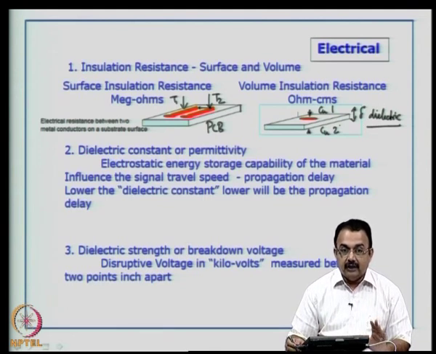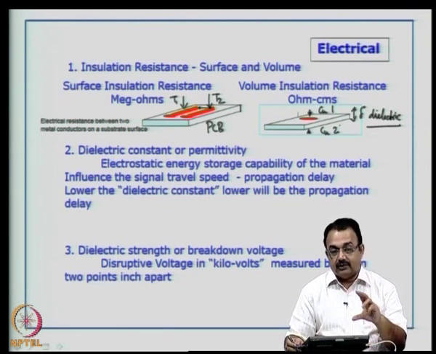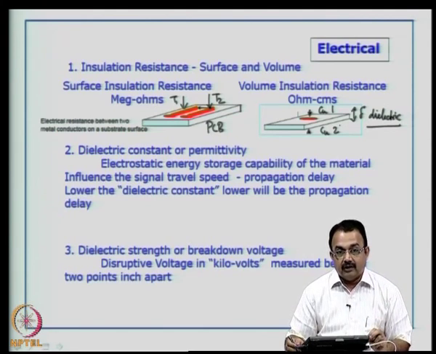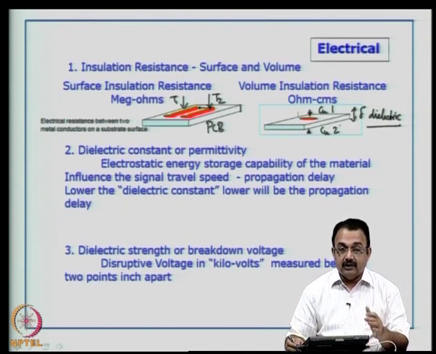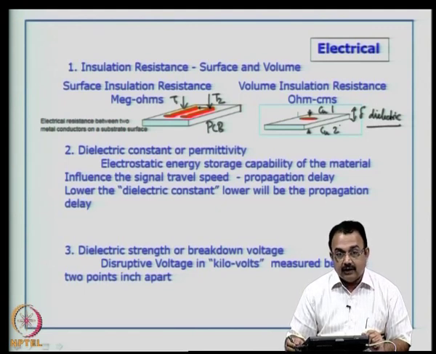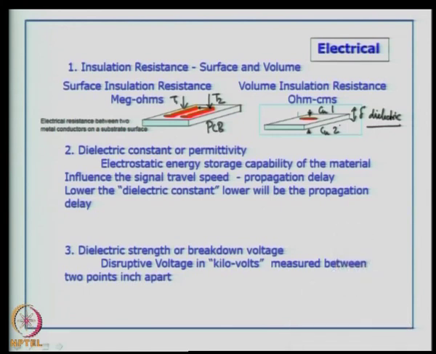If you talk about delay in a sandwich structure like copper and a dielectric, you can measure the signal propagation delay, and this in turn is related to the permittivity of the material. Lower the dielectric constant, lower will be the propagation delay. So, that is very clear.